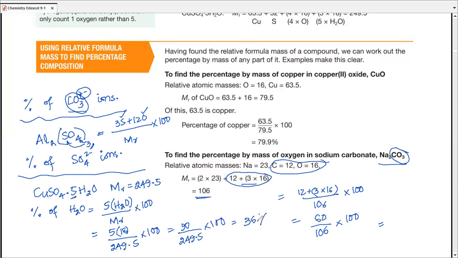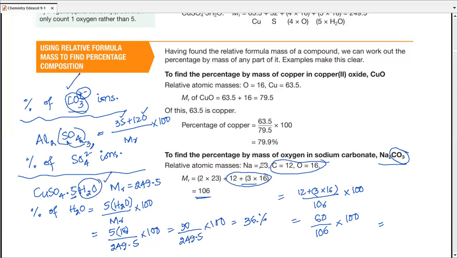It would be 36 point something, around 36%. It may be a little less than 36, but it would be really close to 36 if you find this one out. So if you go with these examples, you do understand that it's not just the elements they can ask for. They may ask about ions, they may ask about entire molecules such as water molecules.